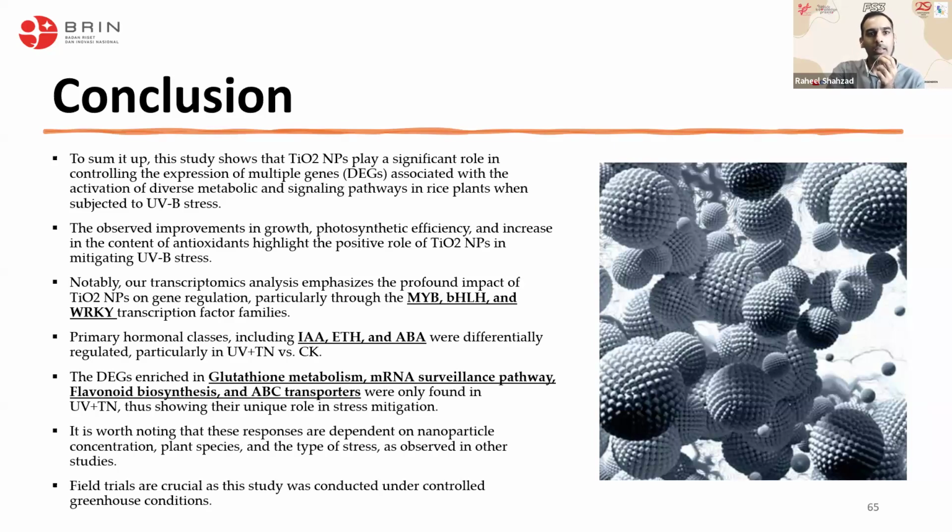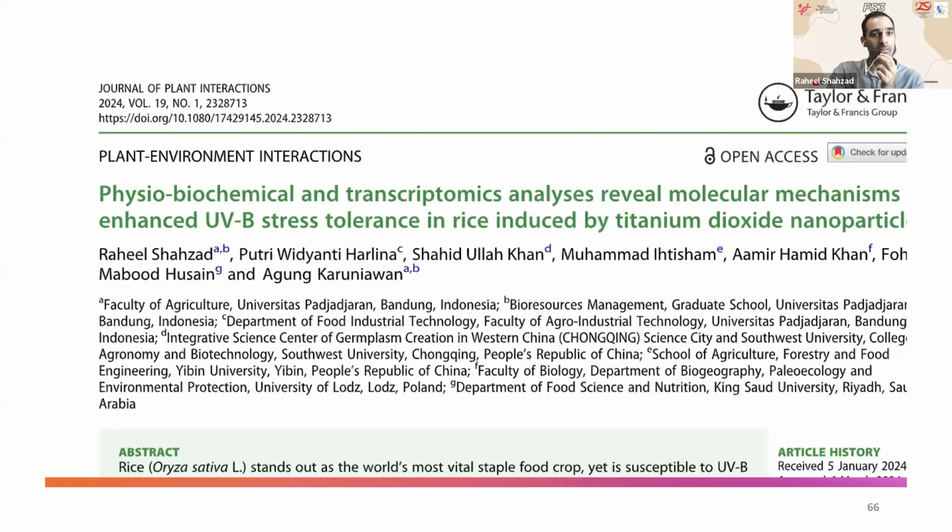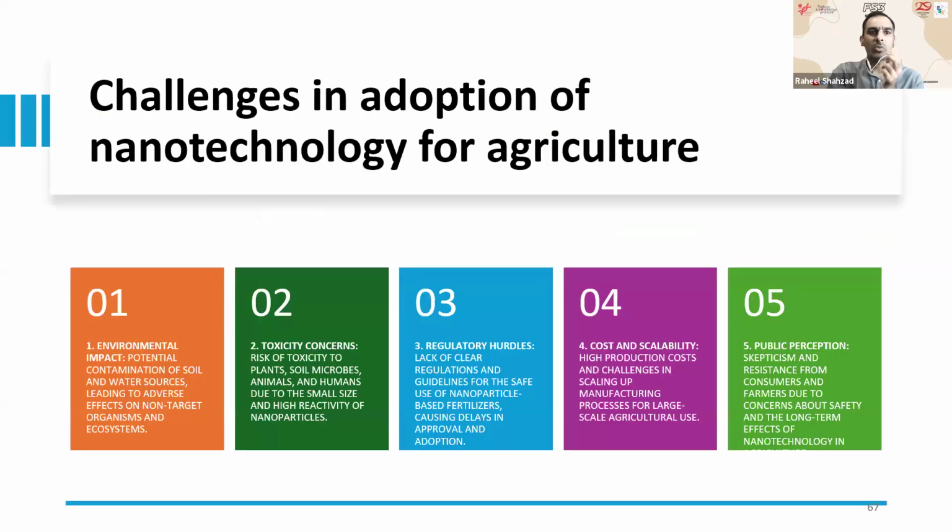That is another concern to keep in mind when designing your research. Anyway, this paper was published in the Journal of Plant Interactions, so if you are interested, you can have a look.